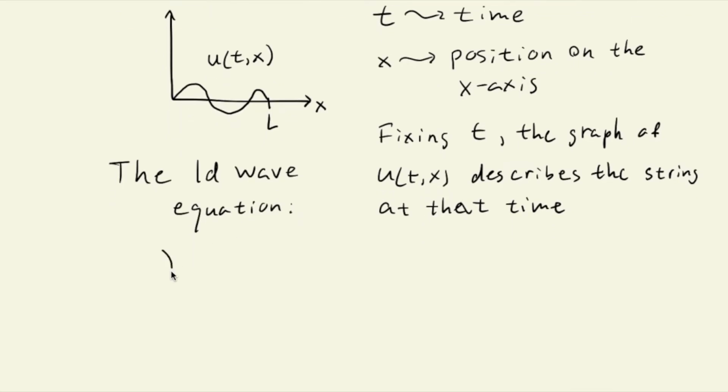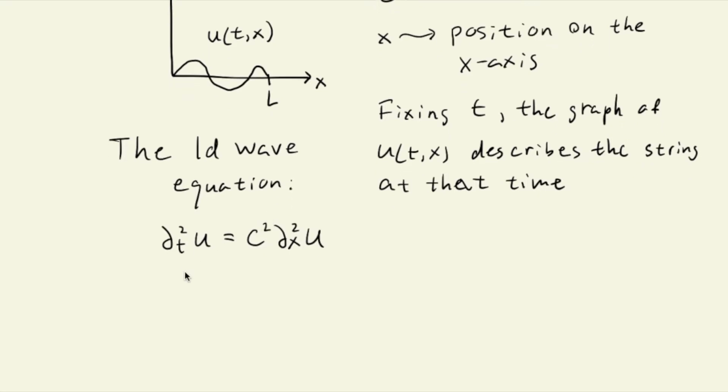It was the partial t squared of u equal to c squared times the partial x squared of u. c squared was a constant. c, I believe, was the square root of T over rho, where T was the tension on the string and rho was the density. But it's not very important right now. So this c is some coefficient that relates to the density of the string and how tight it is fastened.